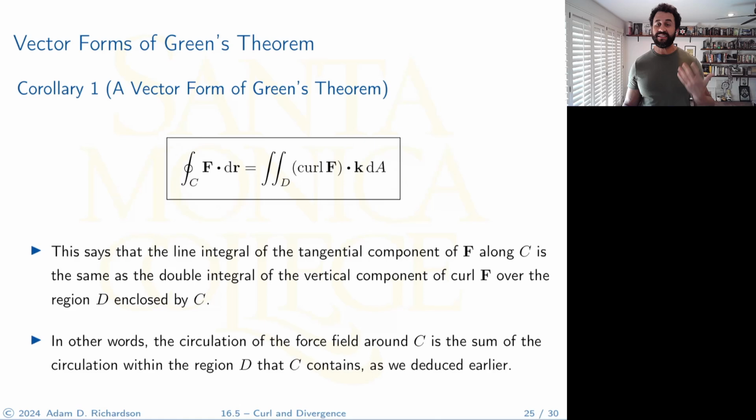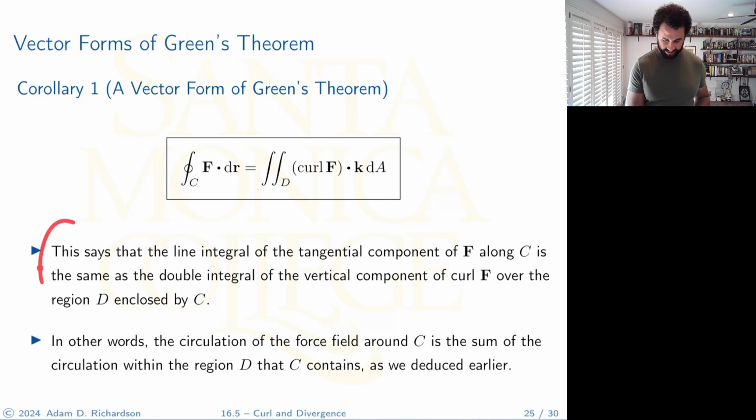So this is what I didn't say back in section 16.3 or whatever, right? But this is the same thing. So this is Green's theorem restated, but now it's in vector form. So if you want to do the line integral of a vector field around a curve C that encloses a region, you can do the double integral of the curl of f dotted with k over the region D. That's the k curl, right?